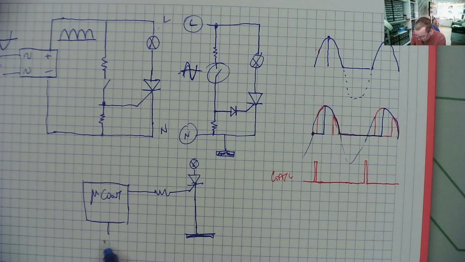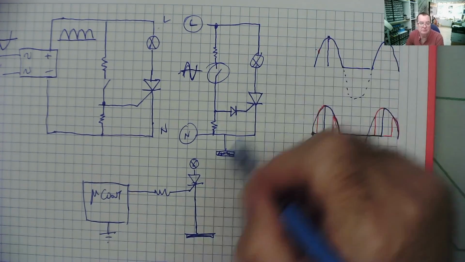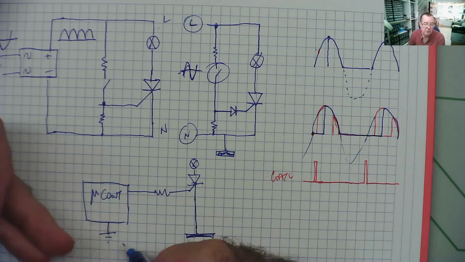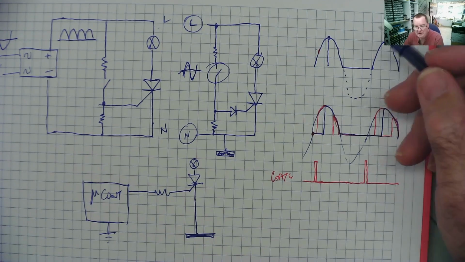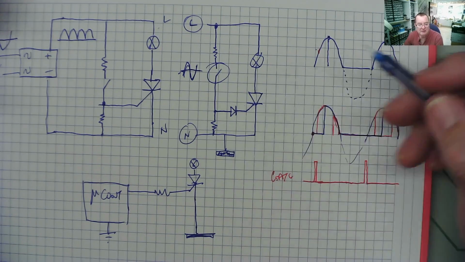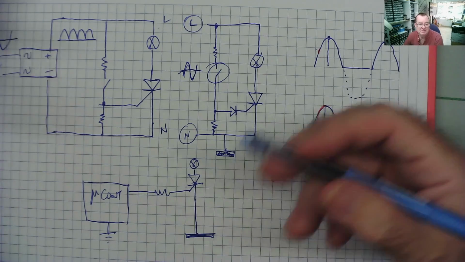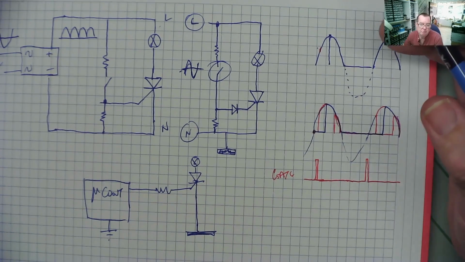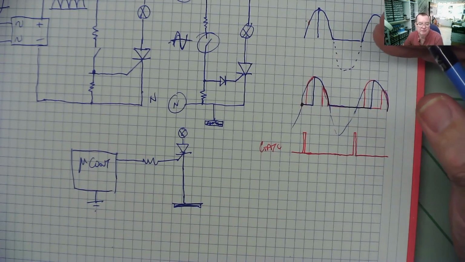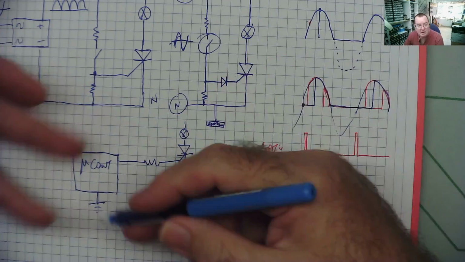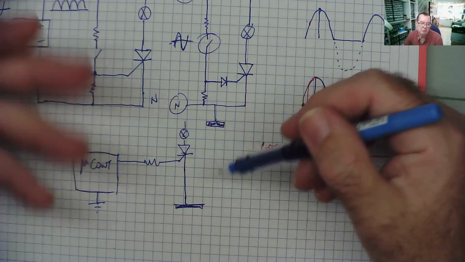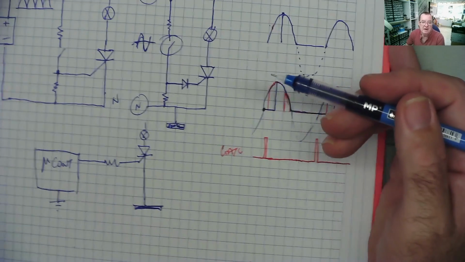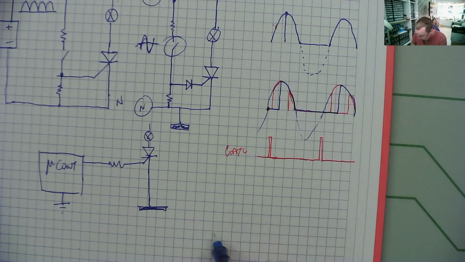Your microcontroller is going to be connected to safety ground, and you can't connect safety ground to hot ground for reasons of A, things will blow up, and B, things will become live. So we need to get around this, and this is probably true in most of the thyristor circuits you will find. There are some cases where the controller is also live effectively, or not live, but it's with reference to hot ground. So to get around this, we use an opto-isolator.